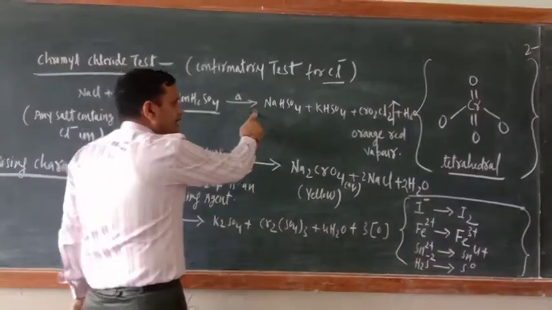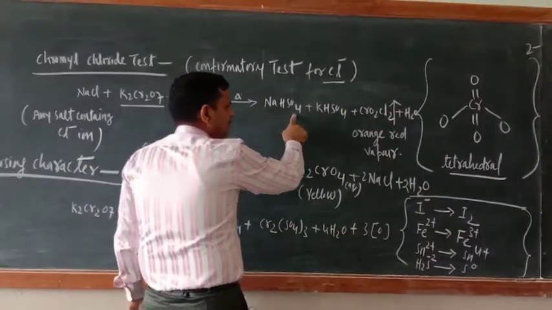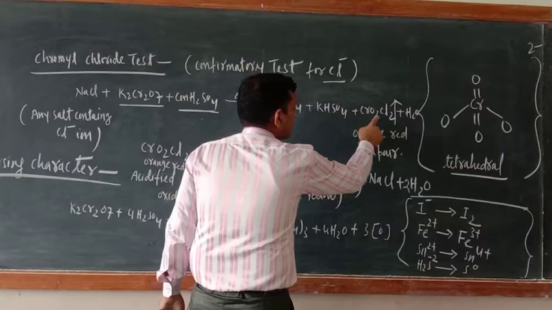Then you will get NaHSO4, KHSO4 and CrO2Cl2.